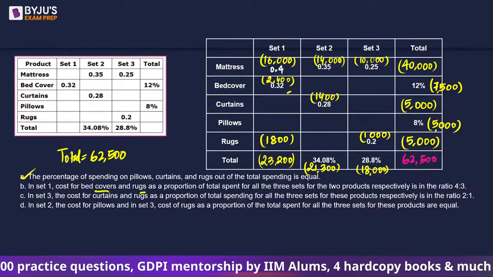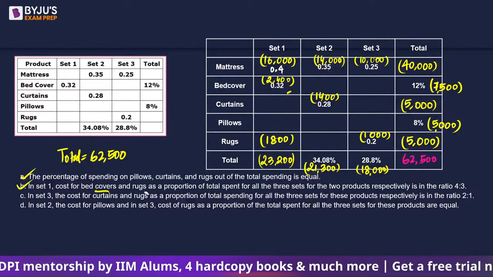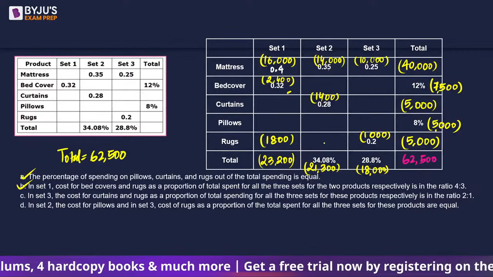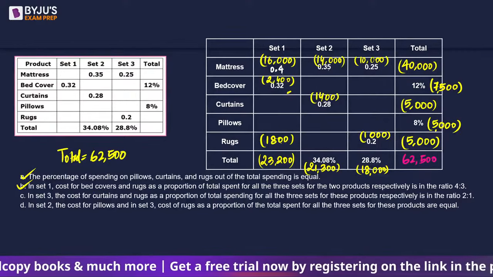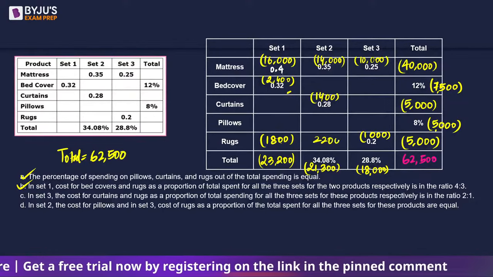Obviously, 2400 and 1800 are in the ratio 4:3, right? So the moment we are done with this, we would know the rugs for set 2. 1800 plus 1000 is 2800, so this should be 2200.